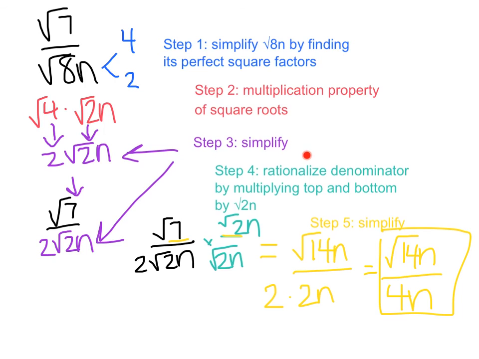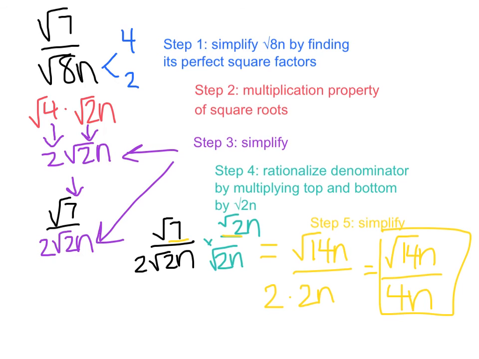Now, step 3, we simplify. Square root of 4 is equal to 2, and we can't simplify square root of 2n any further, so we keep it as root 2n. So now we have root 7 over 2 times root 2n.